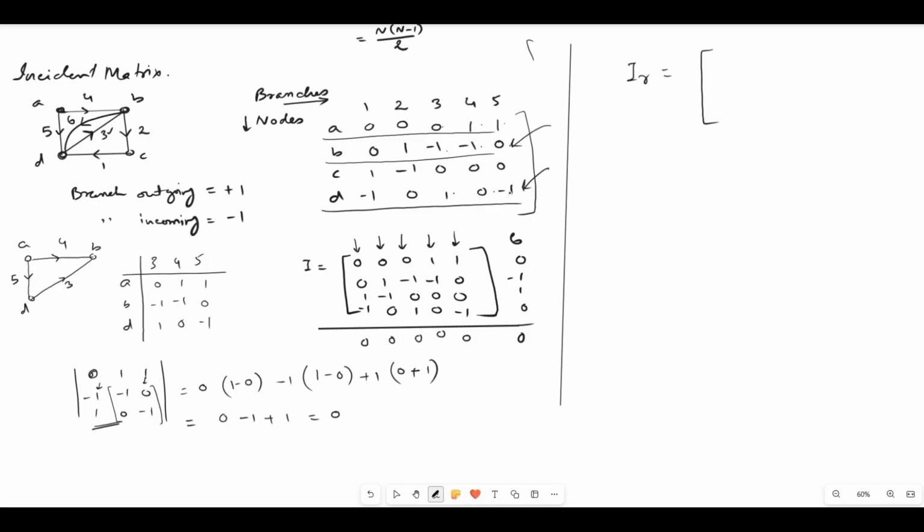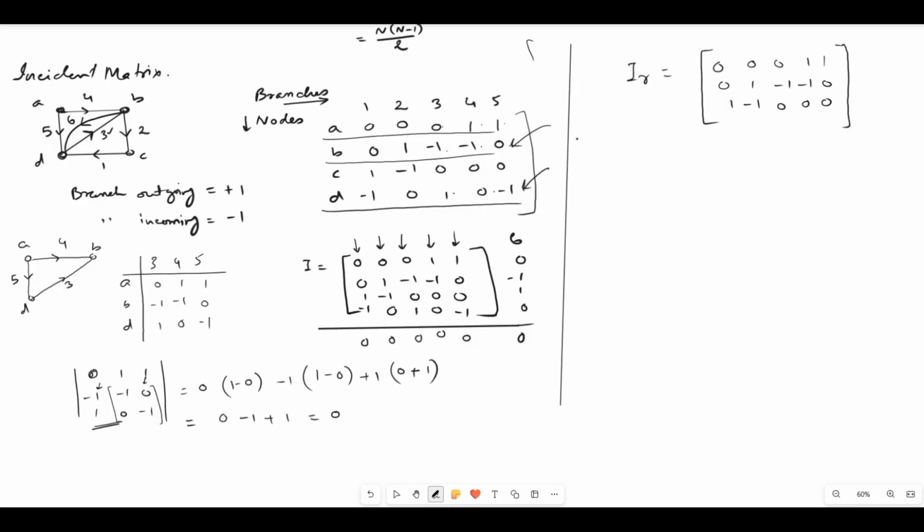So for example, suppose if I remove the last row, then the reduced incidence matrix will be 0, 0, 0, 1, 1, then 0, 1, minus 1, minus 1, 0, and we have 1, minus 1, 0, 0, 0. So this is the reduced incidence matrix.